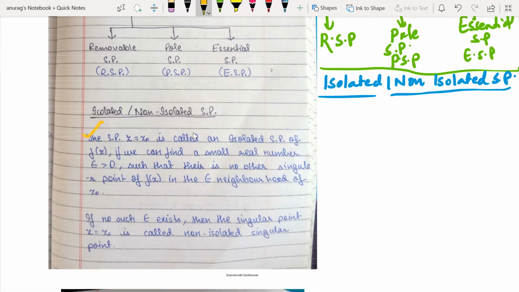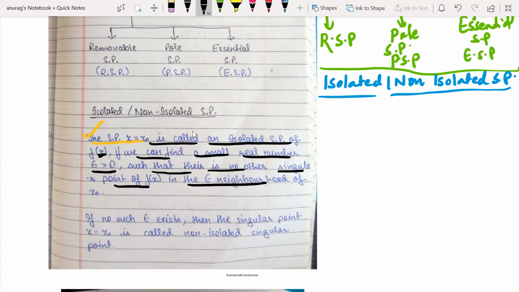So the singular point f(z) equal to z naught is called an isolated singular point of f(z) if we can find a small real number epsilon greater than 0 such that there is no other singular point of f(z) in the epsilon neighborhood of z naught.